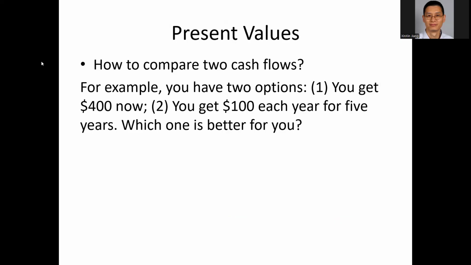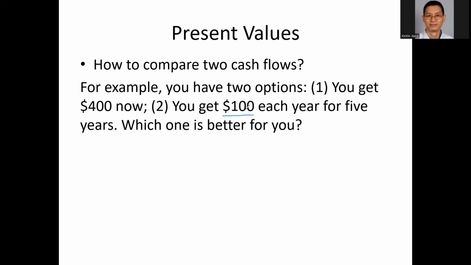So how do we compare two cash flows? Here's an example. You have two options. One, you get $400 now. Second, you get $100 each year for 5 years. Which one's better for you? We need to figure out the present value of the cash flow of $100 each year for 5 years.